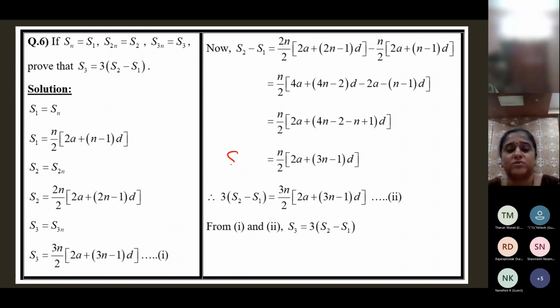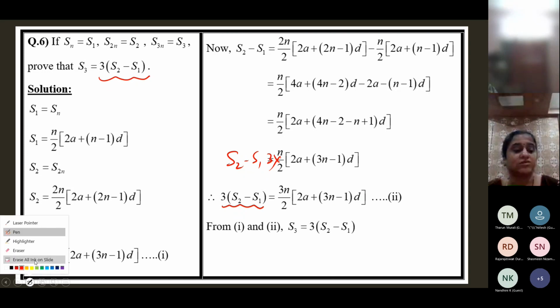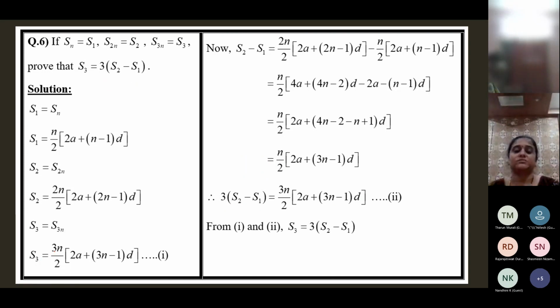This is S2 minus S1. So 3 into S2 minus S1 is equal to 3n by 2 of 2a plus n minus 1 into d.